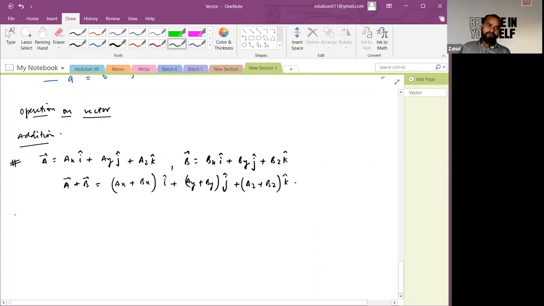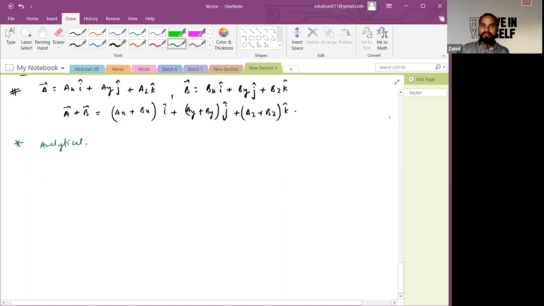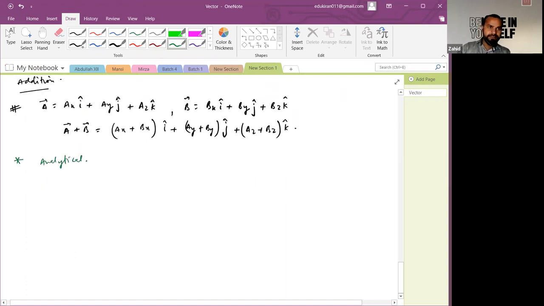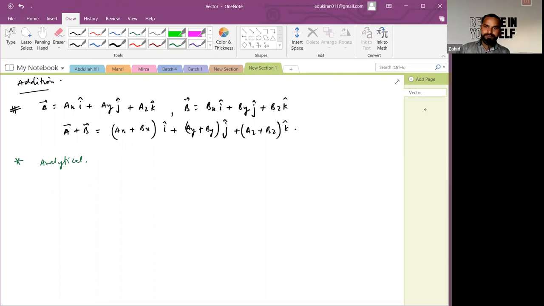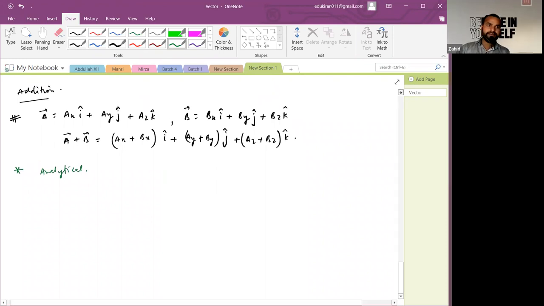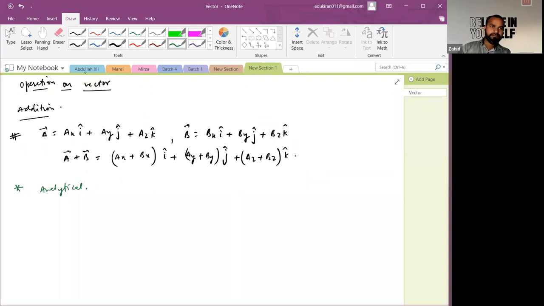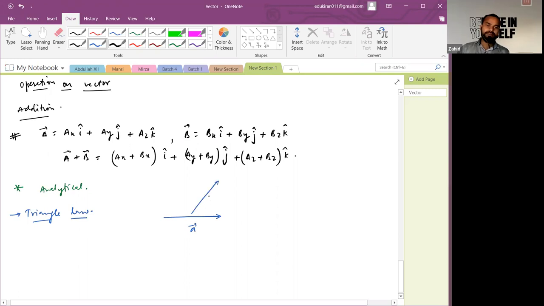There is another way of adding any two vectors, which is called the graphical way. In this, we define three different methods. One is called triangle law. Let's say you have a vector along this direction and another along this direction.